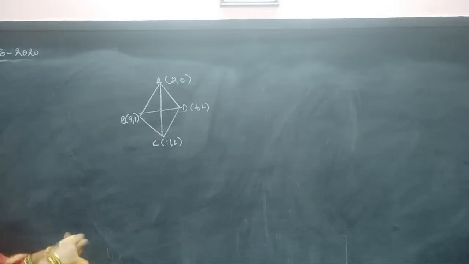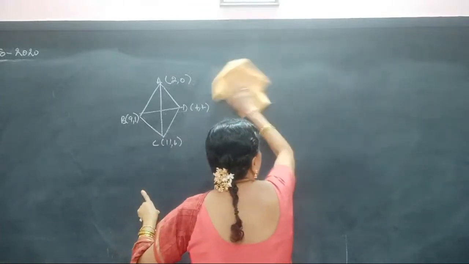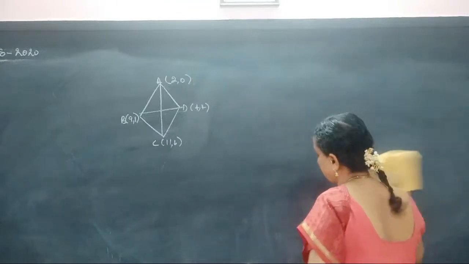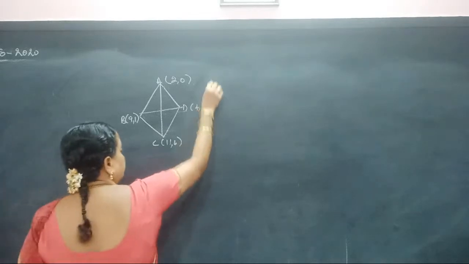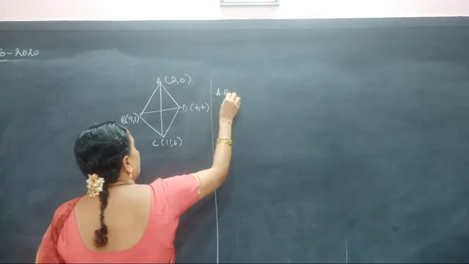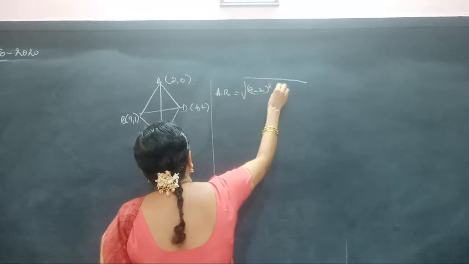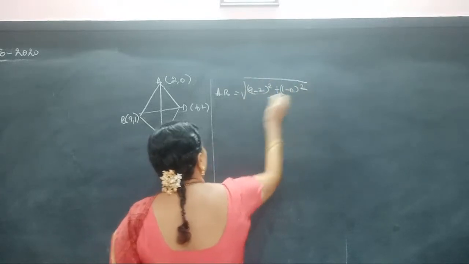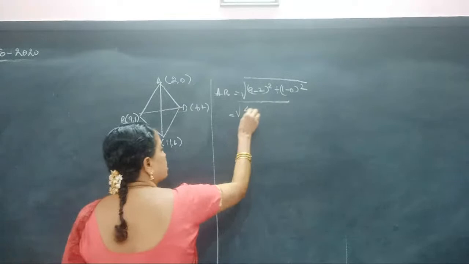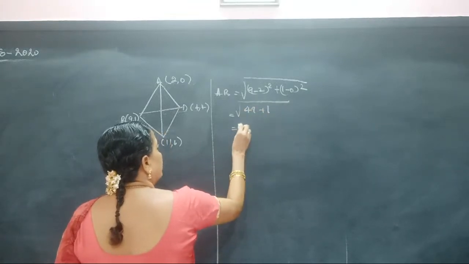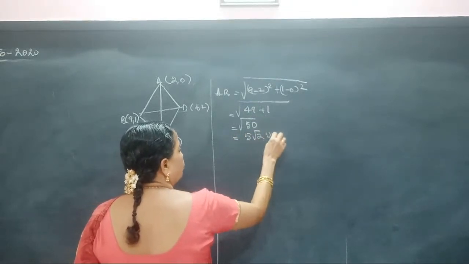Calculate the side AB using the distance formula: root of (9 - 2) whole square plus (1 - 0) whole square. 9 minus 2 is 7, 7 squared is 49, plus 1, it is root 50, 25 twos, so 5 root 2 units.